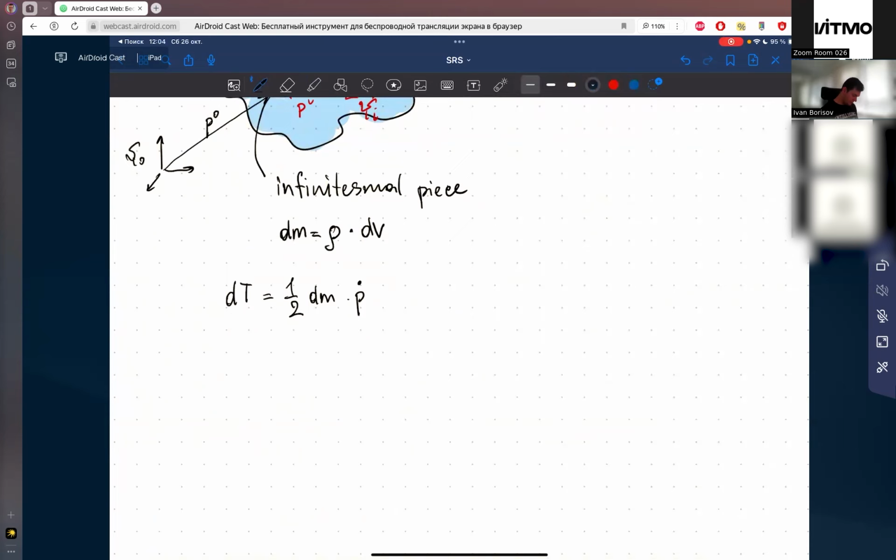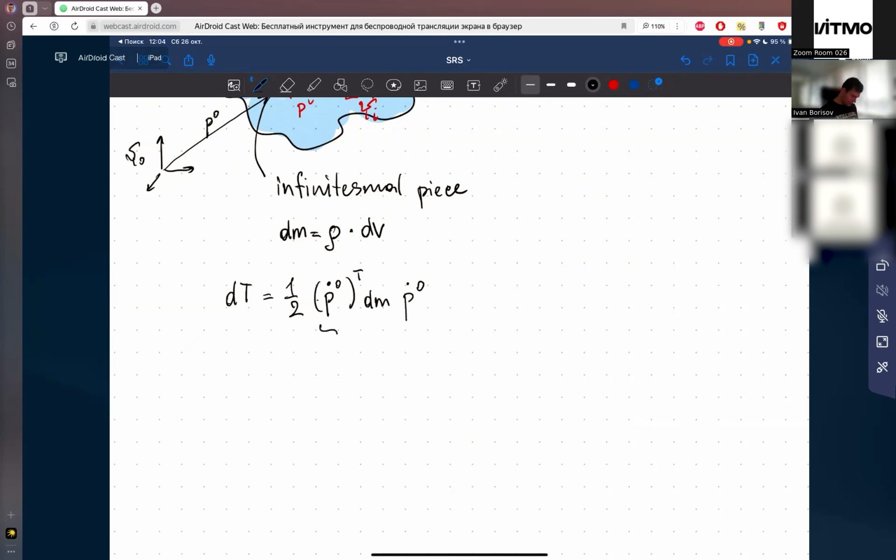So p dot in frame 0 transpose. The result will be the same mathematically speaking, it's just the way they write it down.